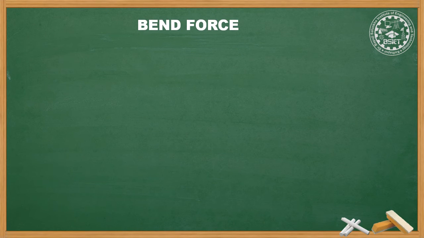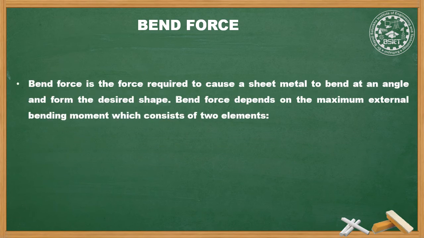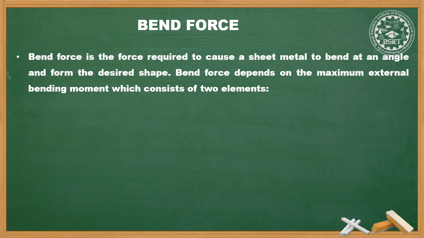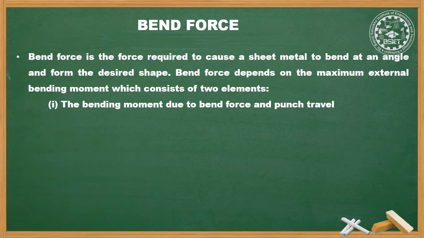Bend force. Bend force is the force required to cause a sheet metal to bend at an angle and form the desired shape. Bend force depends upon maximum external bending moment, which consists of two elements. First, the bending moment due to bend force and the punch travel.